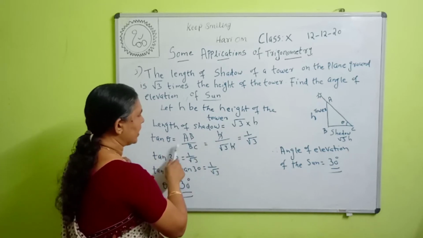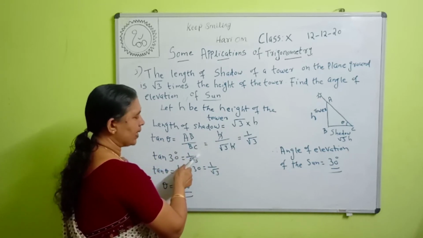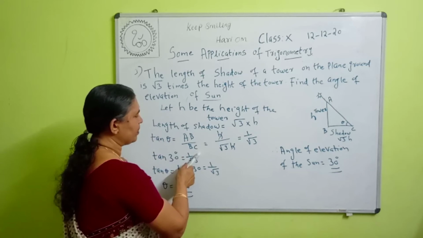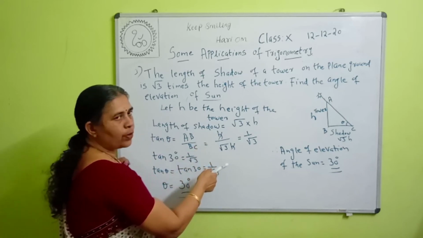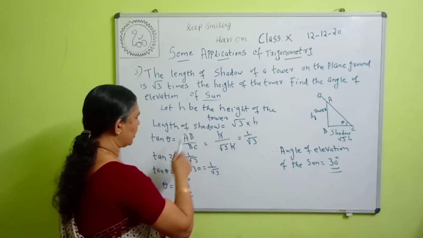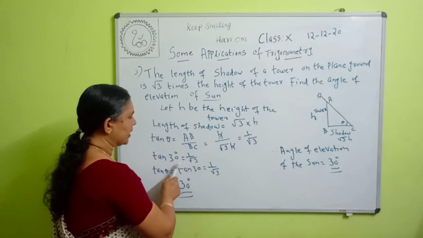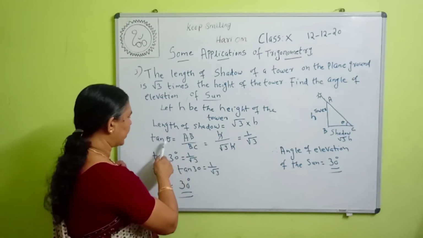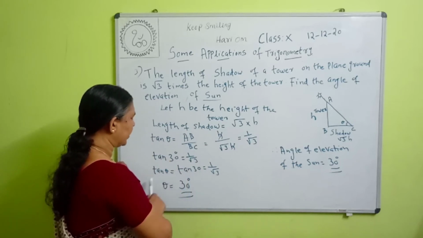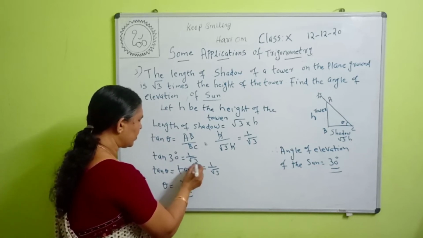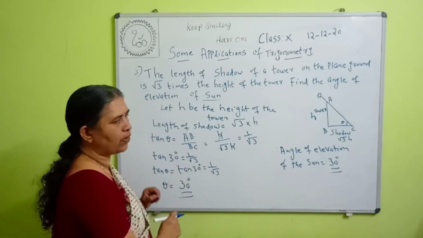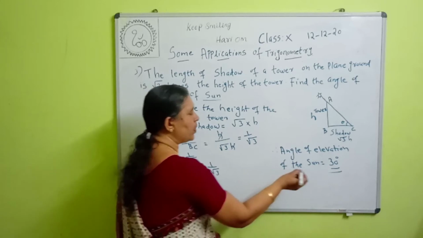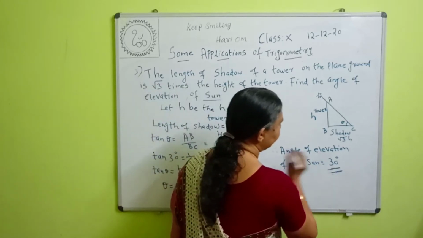Then tan theta is equal to opposite side by adjacent side, that is AB by BC, which is h by root 3 h, equal to 1 by root 3. We know that tan 30 degree is equal to 1 by root 3. Therefore, tan theta is equal to tan 30 means theta is equal to 30 degree. Therefore, the angle of elevation of the sun is 30 degree.